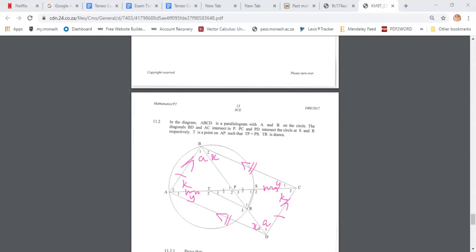And what else do they say? TP equals PS, we've used that already. But you see that this should already be standing out somehow, to do with maybe the parallel. We don't know. And what else do we know? We have a circle, so is there anything here that we can fill in? Is there a cyclic quad?